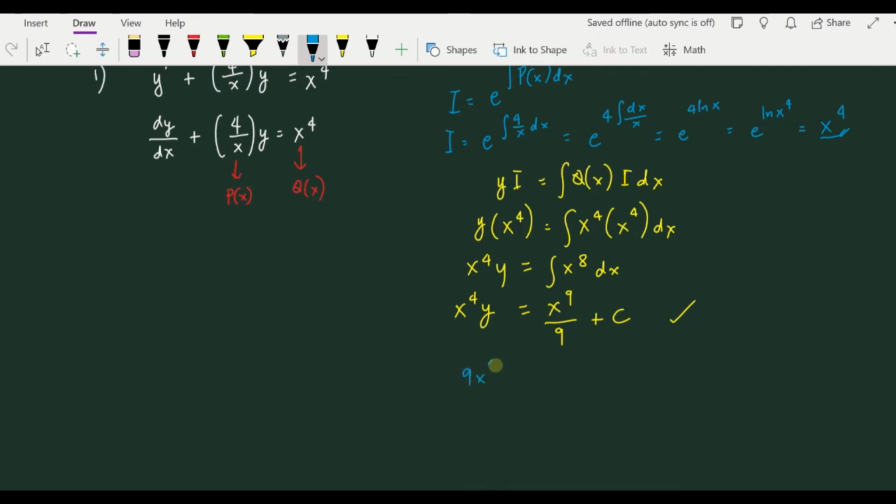So, we have 9x to the 4th y equals x to the 9 plus 9c. Pero alam naman natin, yung 9c is still the constant. So, pwedeng ganito. 9x to the 4th y equals x to the 9 plus c. So, pwede rin ganyan yung sagot. Pero ito, it's already an answer. x to the 4th y equals x to the 9 over 9 plus c.